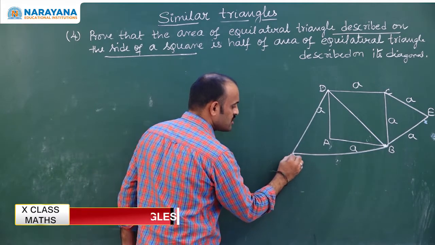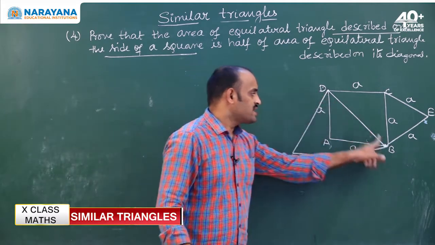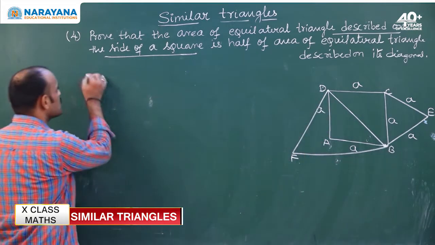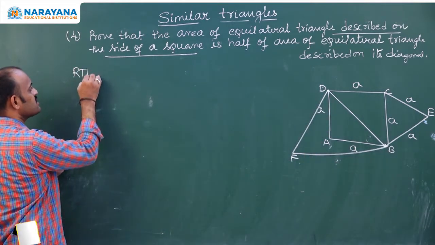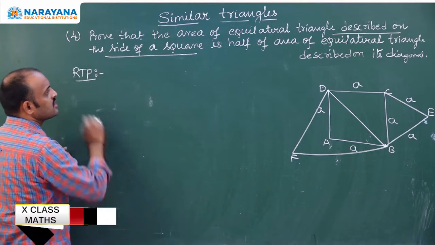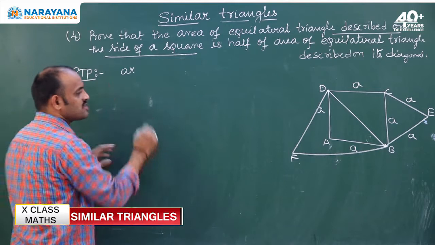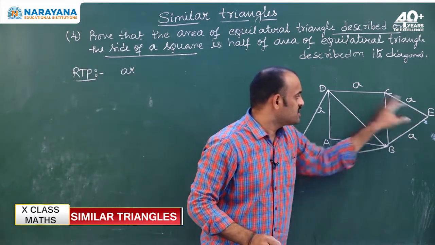That means, with BD as the side, I need to draw an equilateral triangle. So, here we have the area of the equilateral triangle described on the side. That means the area on the side that we have considered, BEC.